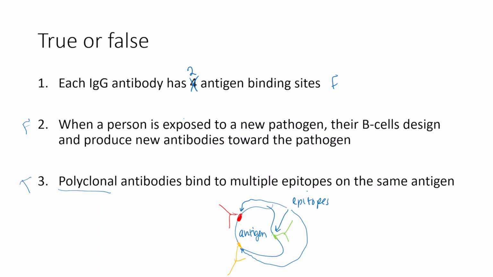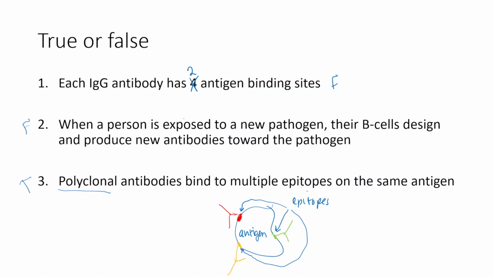Polyclonal antibodies would be like what you would see in your body when you get infected with a pathogen. You'll have multiple B cells that recognize different epitopes on that antigen. Like in this example, you had 3. One made the red one, one recognized the yellow one, one recognized the green one. So you had 3 original B cells that each made different antibodies that all recognized the same antigen, just in different locations.